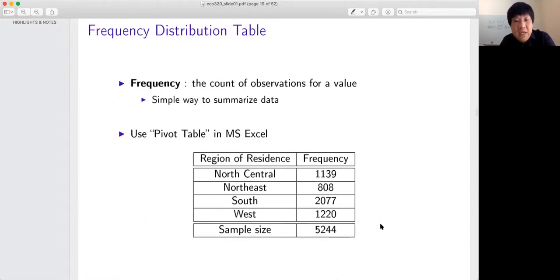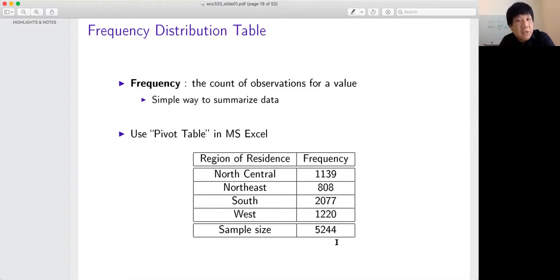Frequency is actually quite important. Let's say you have this kind of data set and you are working for a company, and you have a 5,244 sample size and want to show them what your distribution looks like. Instead of showing 5,244 observations, someone might ask what the frequency is, meaning how many people are in the north central, northeast, or southwest.